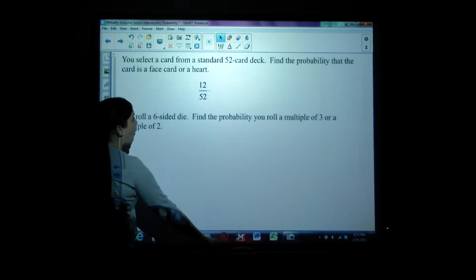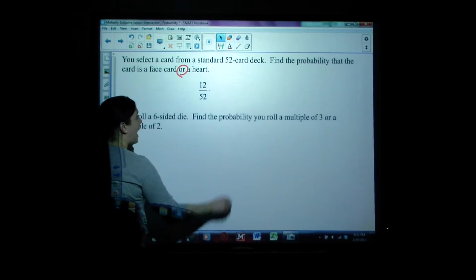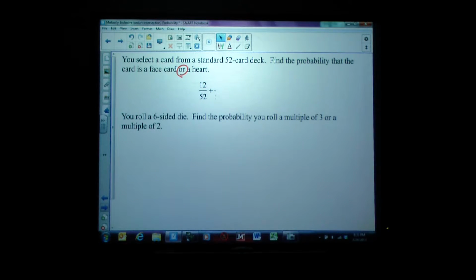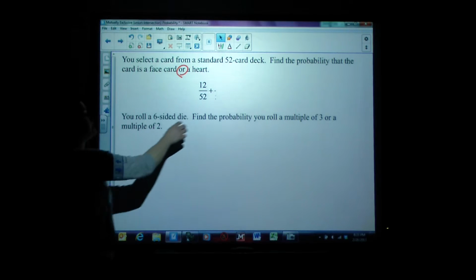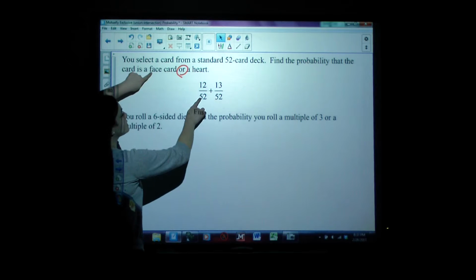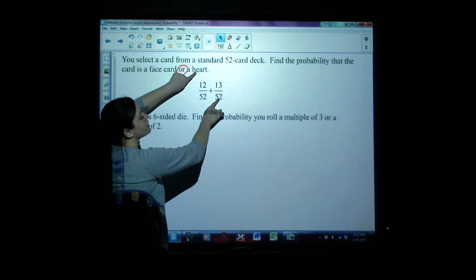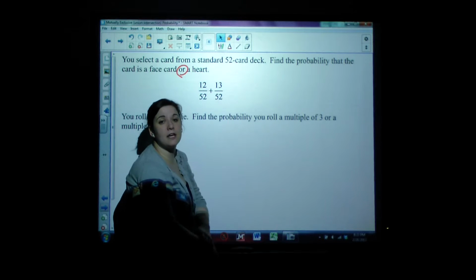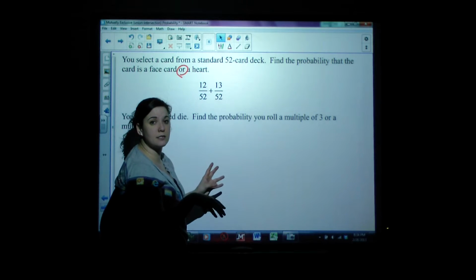And then it says or, so we are going to add the probability of selecting a heart. Now, a heart is a full suit, and there are 13 hearts in a deck. So 13 out of 52. So a face card is 12 out of 52. A heart is 13 out of 52. Now, what's our overlap? How many cards are both face cards and hearts?